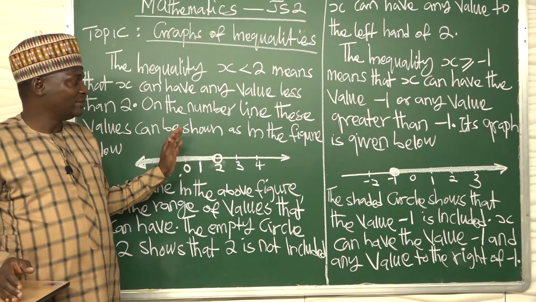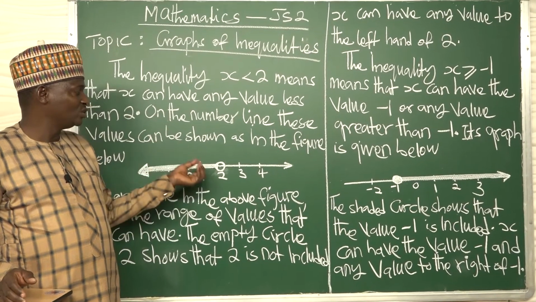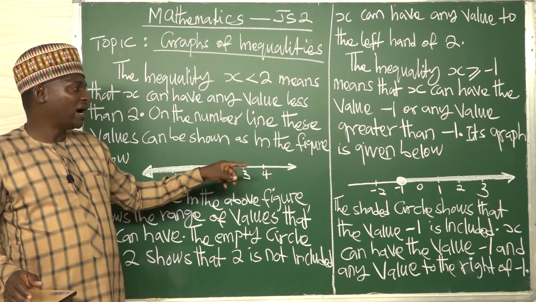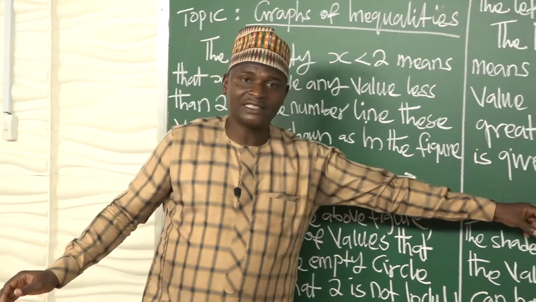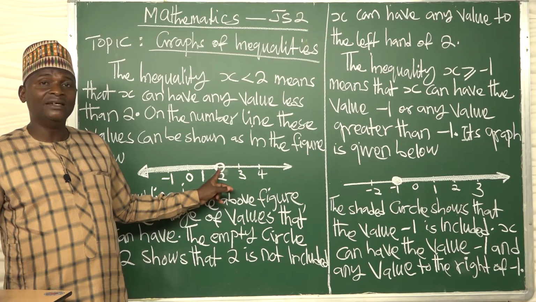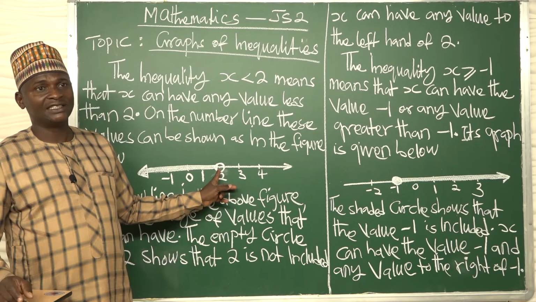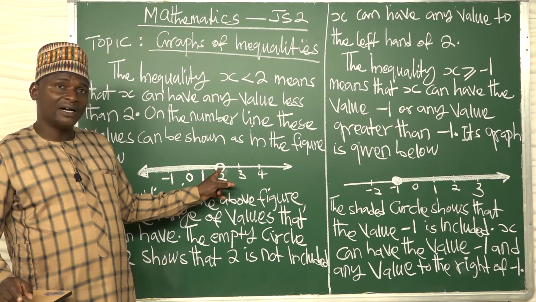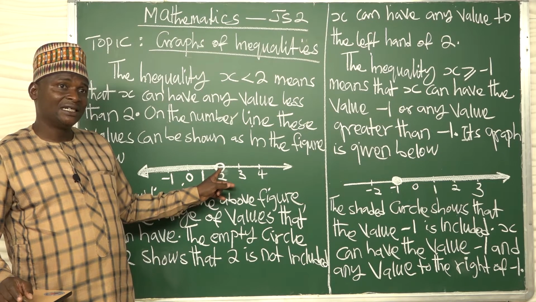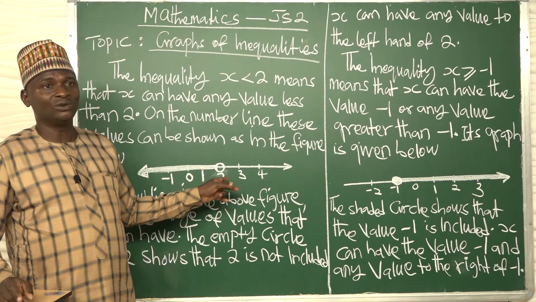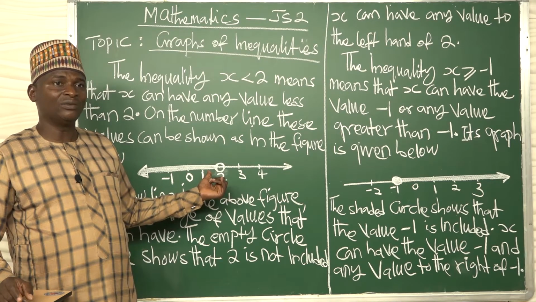So the most important thing now is to know why a circle is left empty and why another one is shaded. We said a circle will be left empty if there is no equality sign, if the number gotten as answer of the inequality is not included in the values of x.